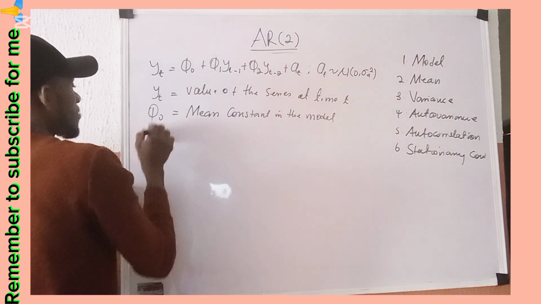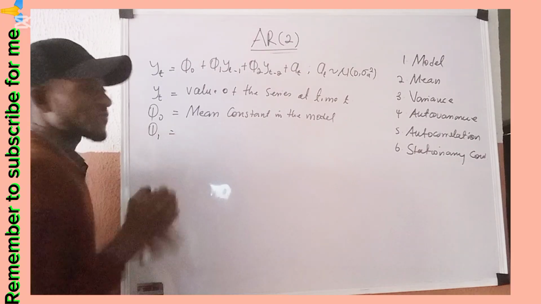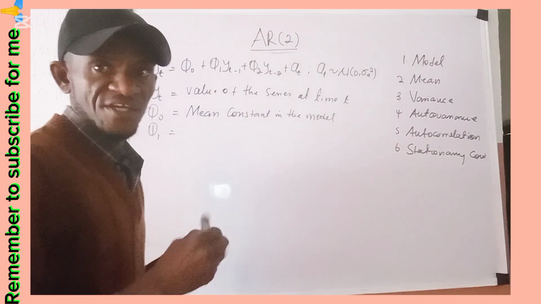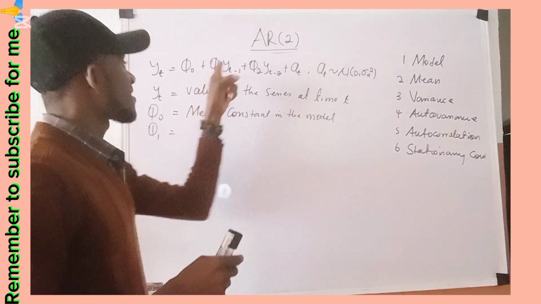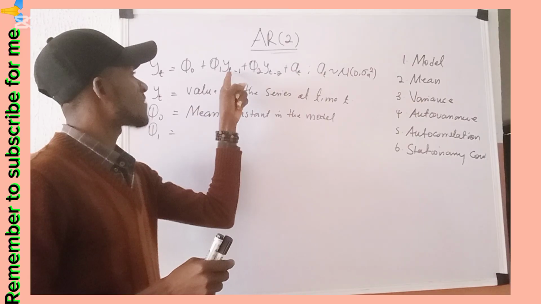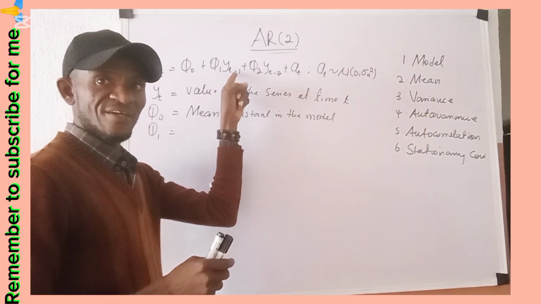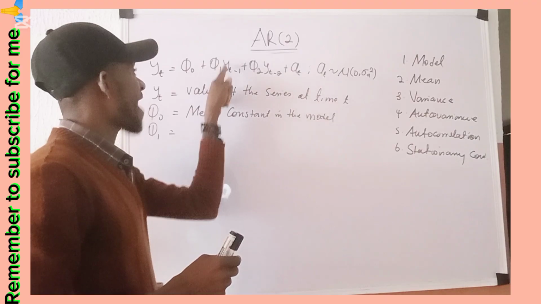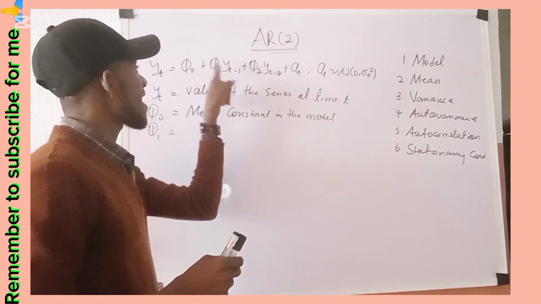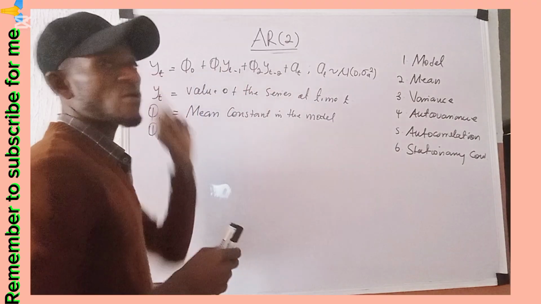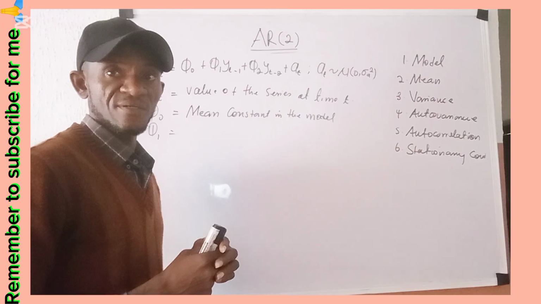Then what is our phi 1? Phi 1, of course, is the weight that this previous value of the series, written as y of t minus 1, has on y of t.